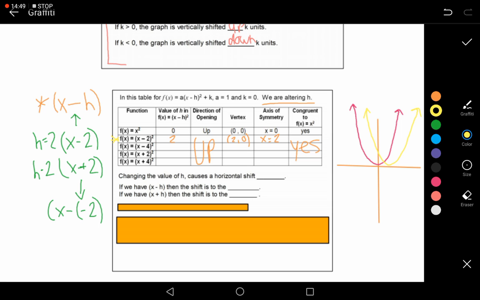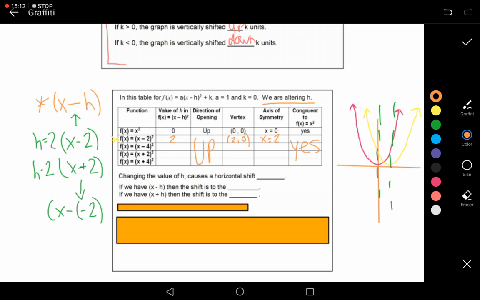So my axis of symmetry is also going to change, right? My first axis of symmetry was on the y-axis. My new axis of symmetry is going to go through x equals 2. So let's look at the other ones here. So I have x minus 4.